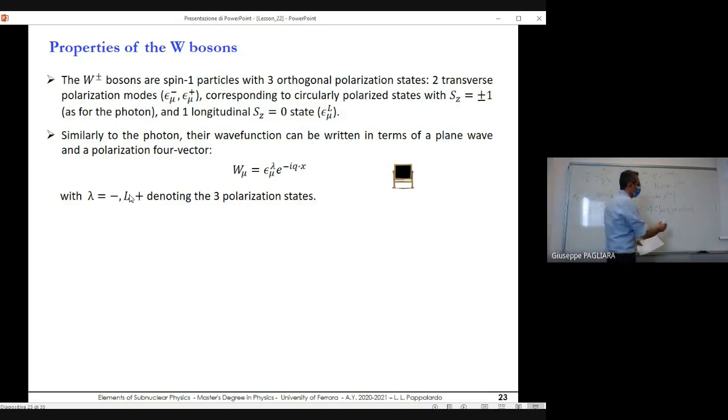You remember from last week that we can write down this piece in a proper way in terms of the gamma mu and gamma 5 algebra. We showed this last time, so let's now just use this result. So this is minus i g over square root 2 epsilon lambda mu u bar 3 1/2, and now this block becomes (1 plus gamma 5) gamma mu, gamma mu (1 minus gamma 5), and then we have v(P4).